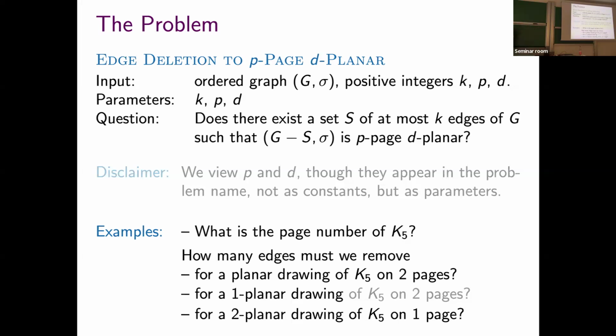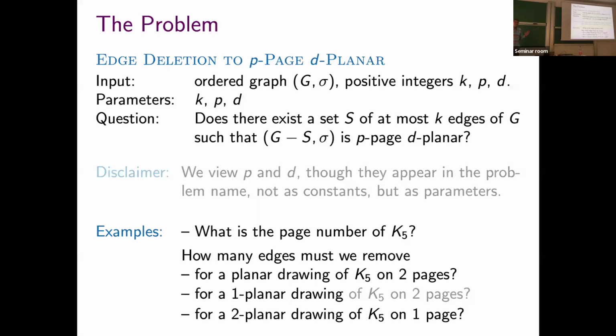Put my 5 vertices on this, and if I just have 1 page to draw the graph, then everything is determined. Oh, all the edges have at most 2 crossings. So then we don't have to remove any edges.